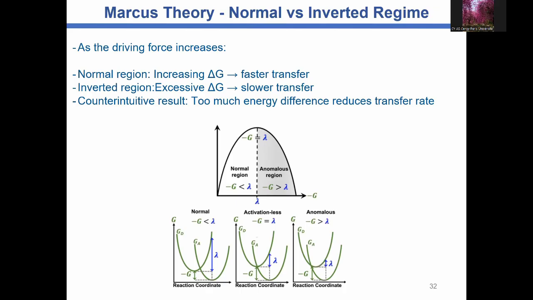So if you have this reorganization energy higher than the driving force or the Gibbs free energy, you have the normal region, where it's favorable to transfer the electron from the initial state to the final state.